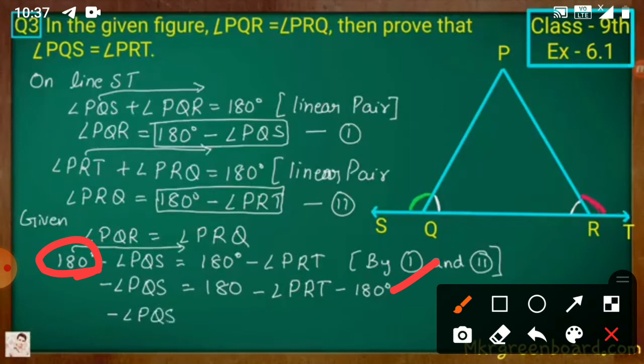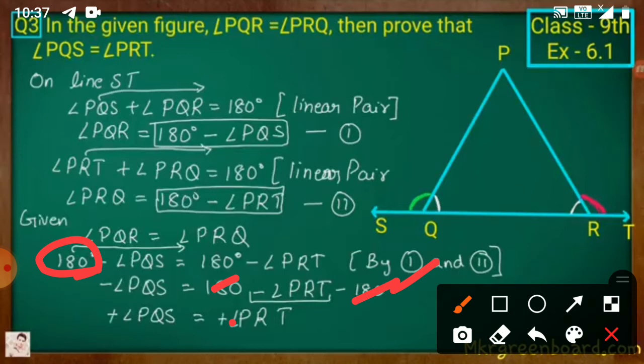Now angle PQS equals, 180 cancel, plus 180 minus 180 cancel. What is there remaining? Minus angle PRT. Now minus cancel.